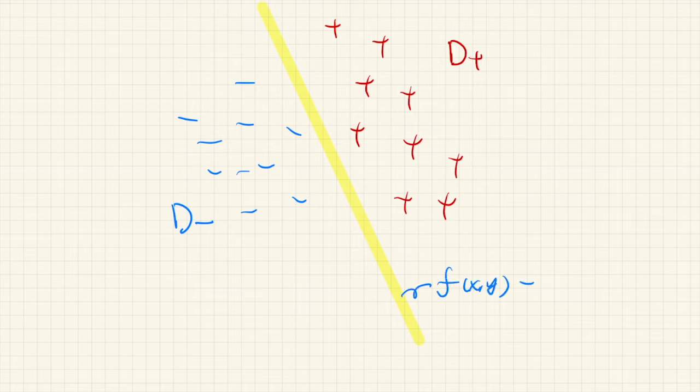F of x, y will be something like ax plus by plus c, where a, b, c are just some real constants. Finding this straight line is not a difficult problem, and we can use a standard technique of linear discriminant analysis. And in this case, the set D is called linearly separable.